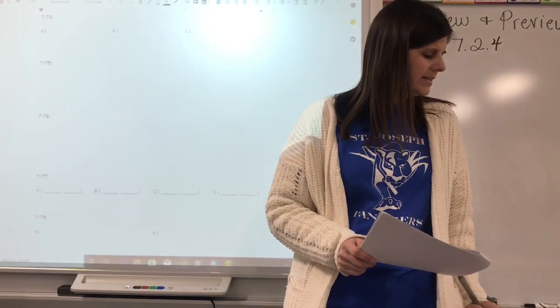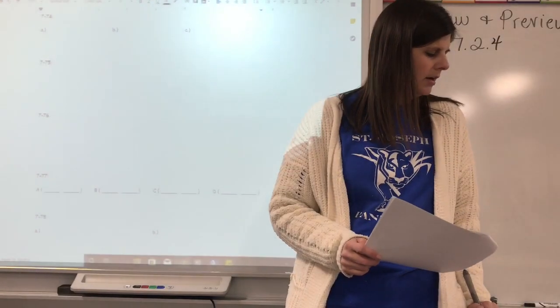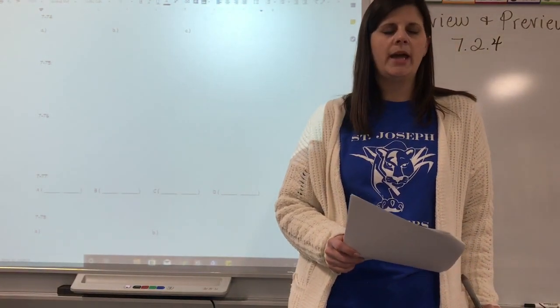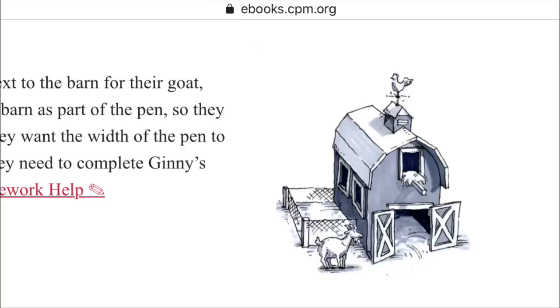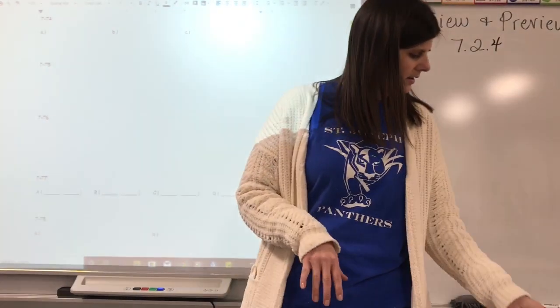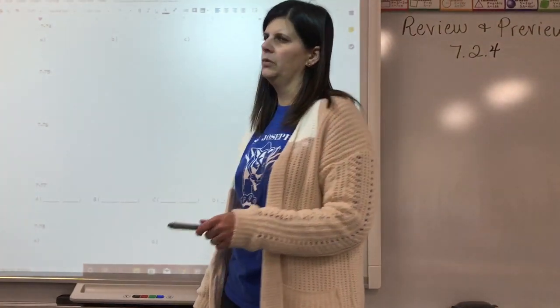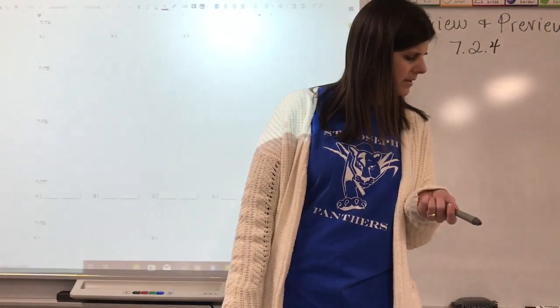For question 76, there's some information for you to read about regarding a rectangular pen that's being built. It says that they're going to use one side of the 60-foot wall of the barn as part of the pen. I would suggest drawing a visual because there are 2 different ways that this could work.